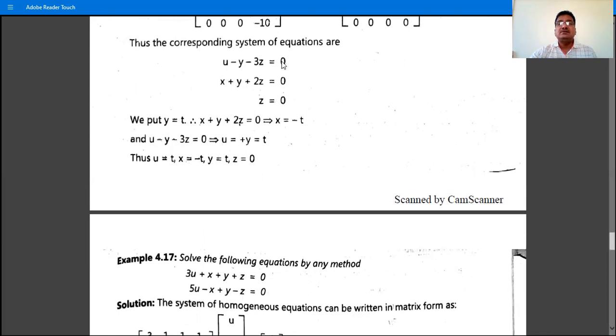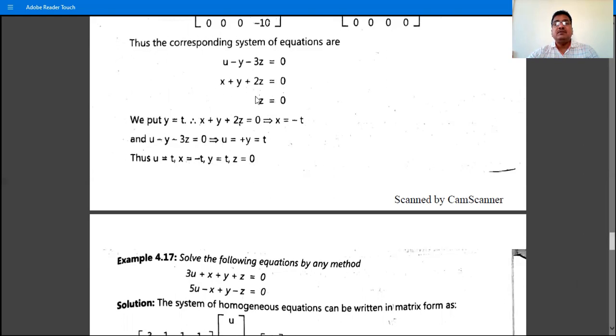In this case, we have 3 equations and 4 unknowns. So the difference is 1. So assign one unknown out of u, x, y, z. We already have z is 0, so assign either x or y or u. Suppose y is equal to t.